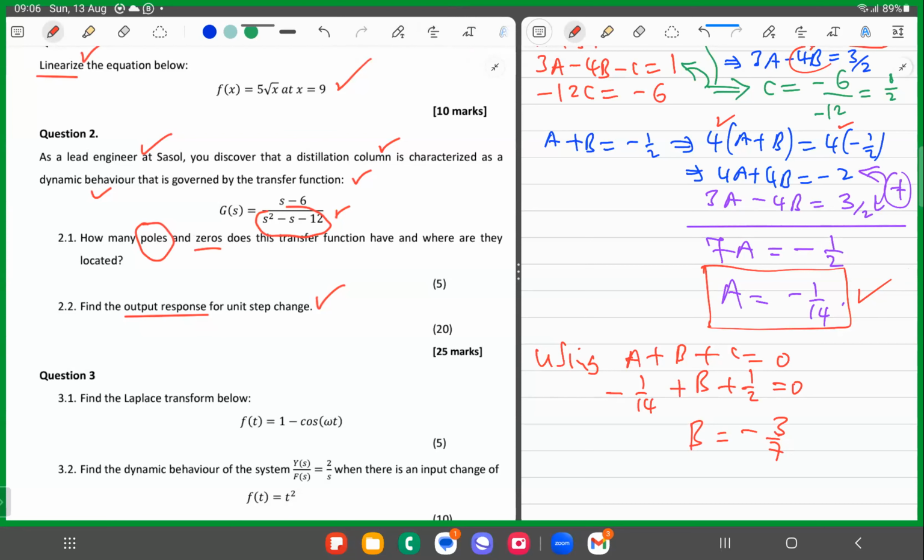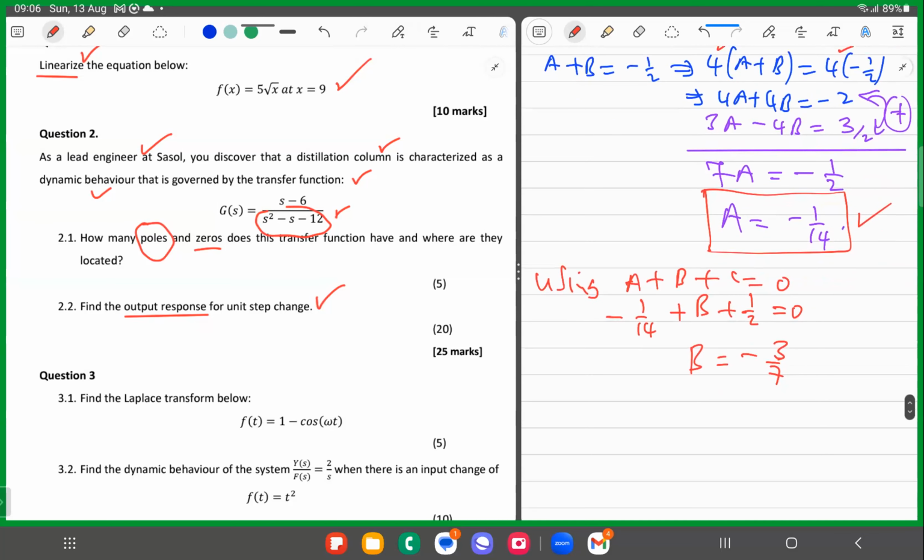Okay, we'll continue then. Okay, so we get that B is minus 3 over 7.